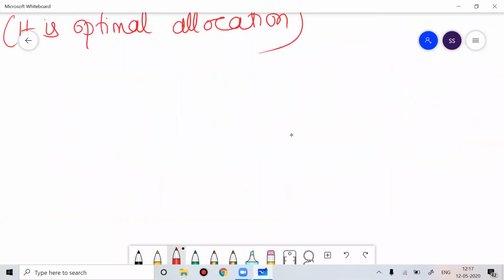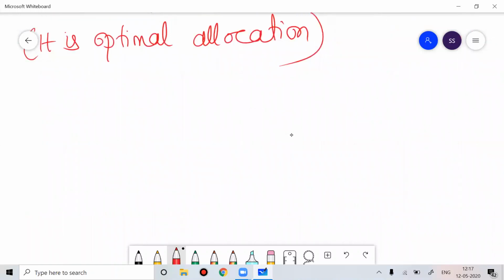So I'm writing. This is not the optimal allocation. So how will we do the optimal allocation?